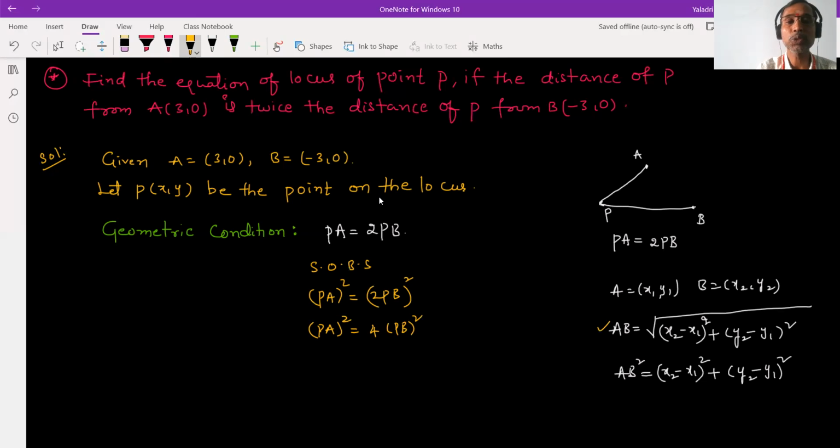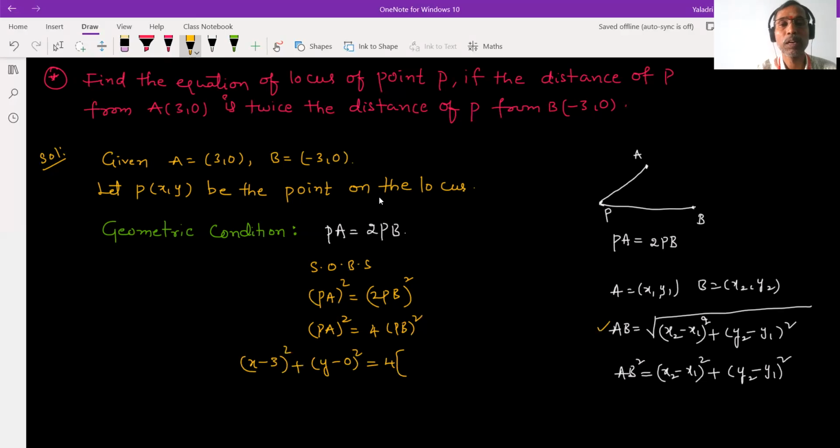You should always take the first point as (x1, y1) as (x, y), and always take the other as (x2, y2). So substitute in this one. Now the distance between B and A: x2 minus x1, that is here (x minus 3) whole square plus (y minus 0) whole square, which is equals to 4 into PB.